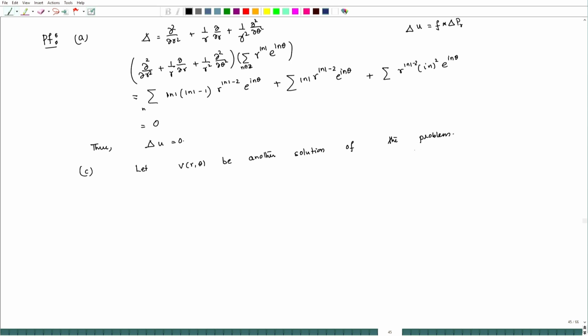That means ΔV is equal to 0 and V(1, θ), with the abuse of notation, is the limit as r goes to 1, so this is f(θ). That is what is our solution. Now, we want to show that V(r, θ) should be equal to u(r, θ).